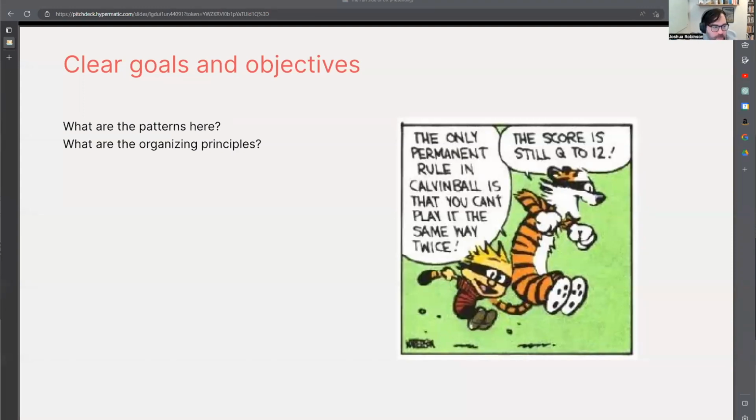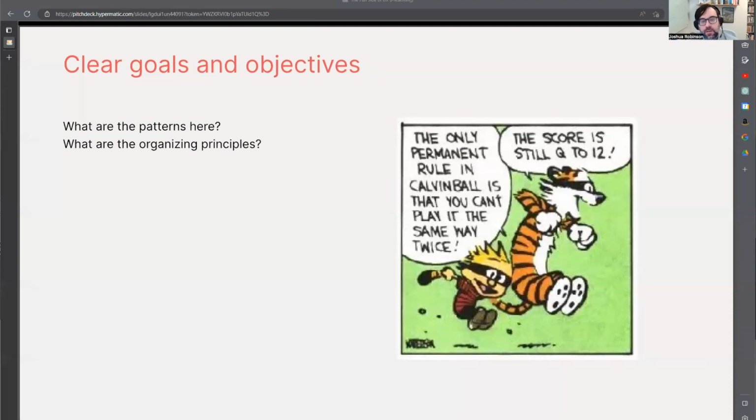Well-defined goals are going to help users measure their progress. It's going to help maintain their motivation and give them a sense of accomplishment. We think about short-term goals, and we also have to think about the long-term goals. UX designers are always asking during interviews, what are you trying to accomplish?